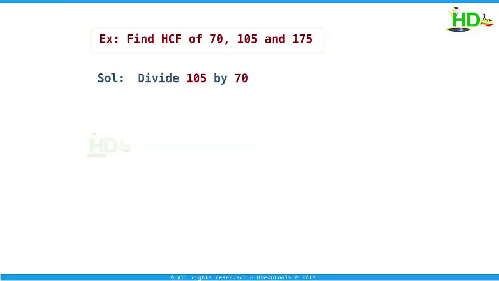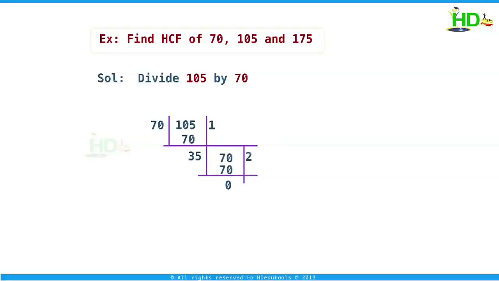If we divide 105 by 70, we get the remainder 35. Now again we divide the divisor 70 by the remainder 35. Then we get the remainder 0. Therefore, the HCF of 70 and 105 is 35.